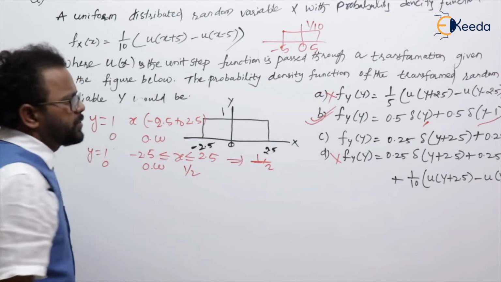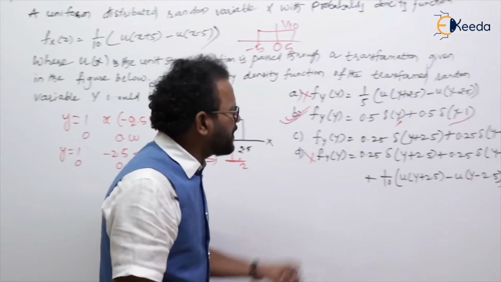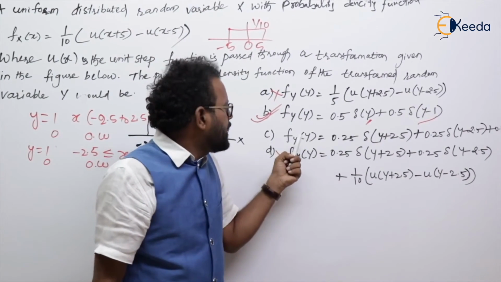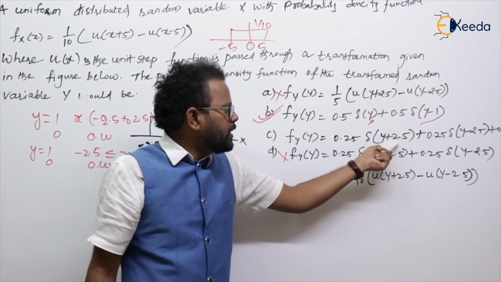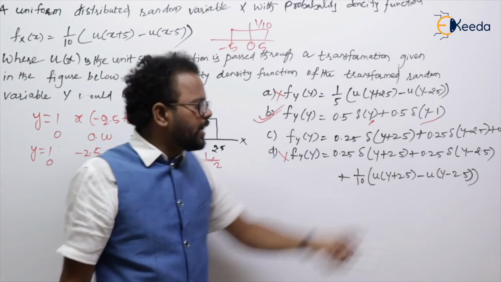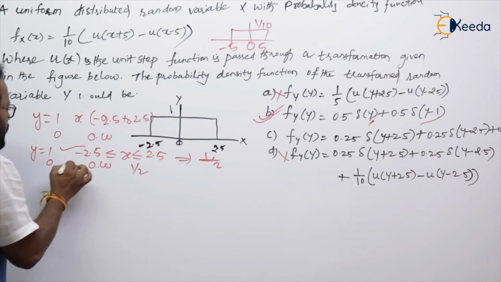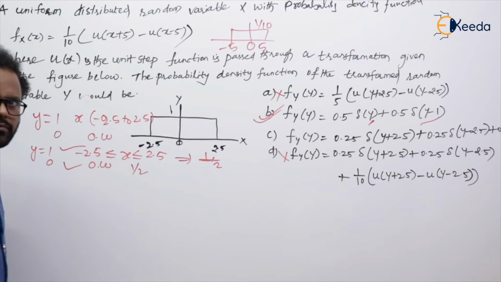So obviously option B, 0.5, 0.5, 1 by 2. But there is no need to calculate that value, I am just showing, because option C is given minus 2.5 and plus 2.5 and 0. But as per the given condition, it has only two values, either 1 or 0. Clear?